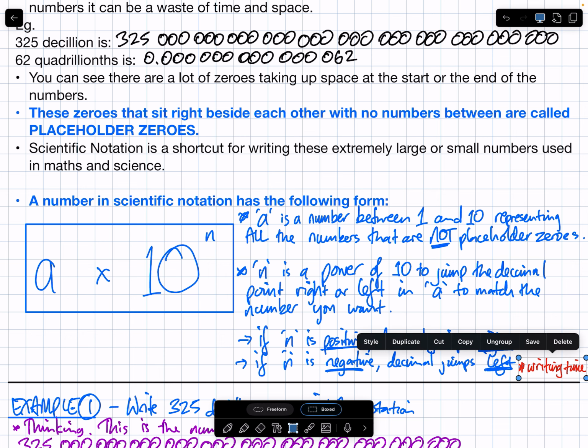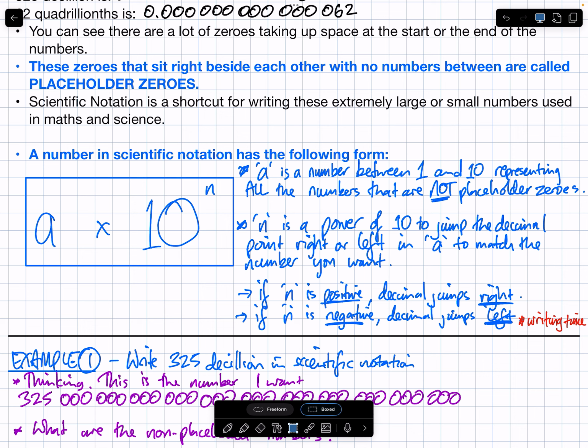A couple of minutes. A is a number between 1 and 10.